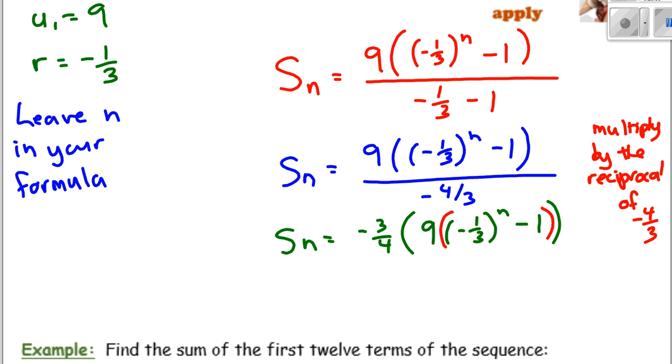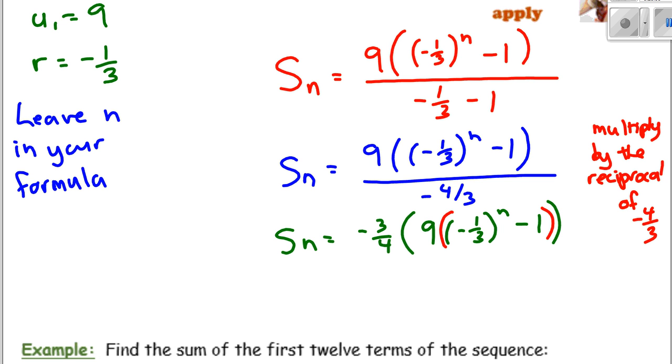Once you've expanded it, you're still just left with 9 brackets -1/3 to the n minus 9, which is just as simple as doing it like that. So it's not wrong, but it wouldn't be totally necessary. So no need to erase it if you did that.